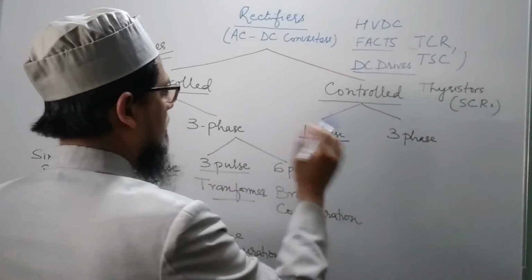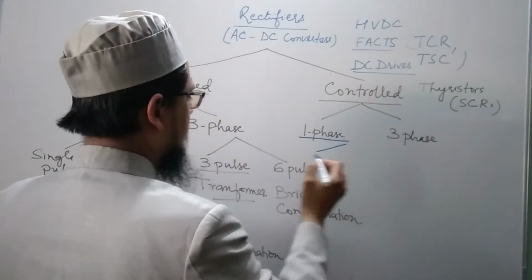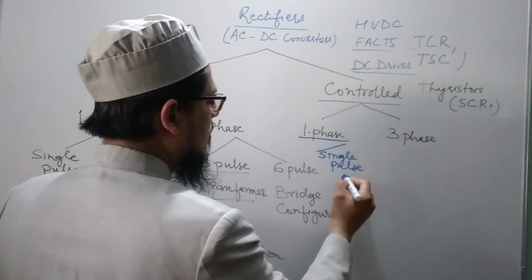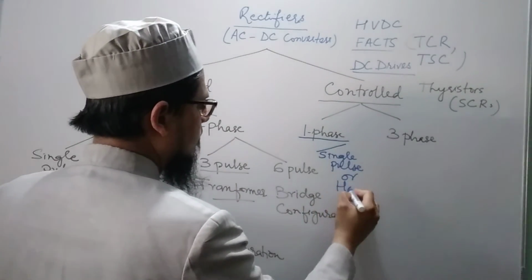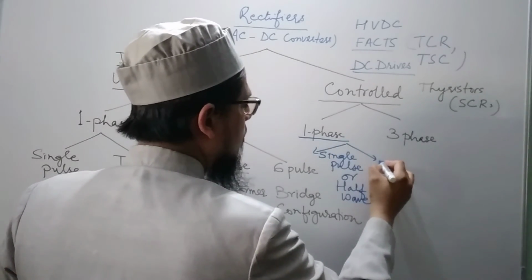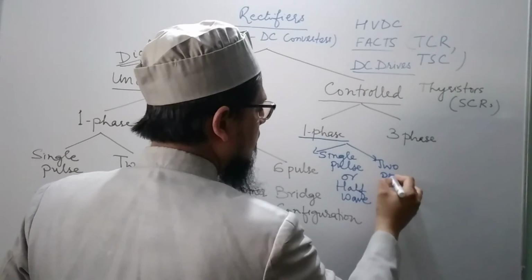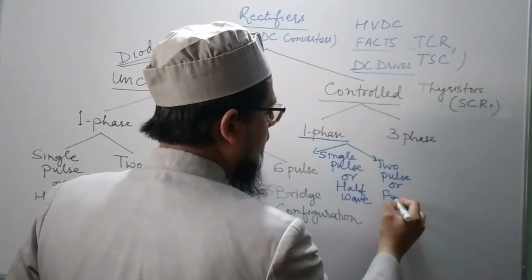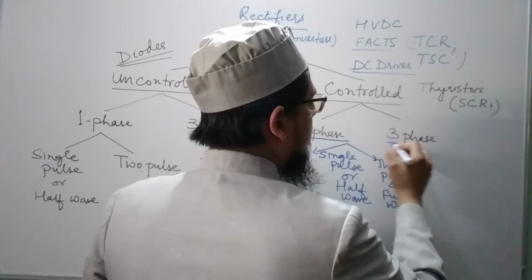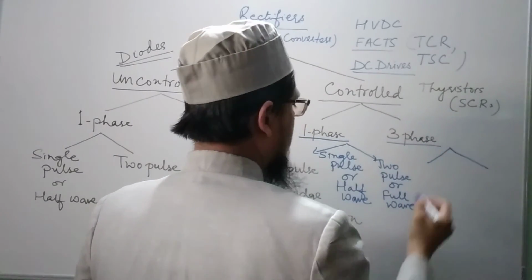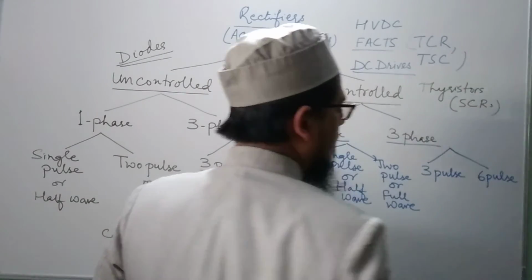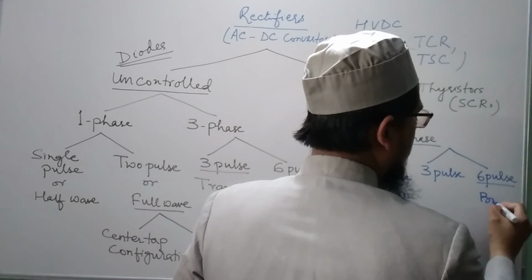So single phase can be classified as single pulse or half wave rectifier, or it could be 2 pulse or full wave rectifier, while the 3-phase controlled rectifier can be classified as 3 pulse or 6 pulse, and the 6 pulse is normally your bridge configuration.